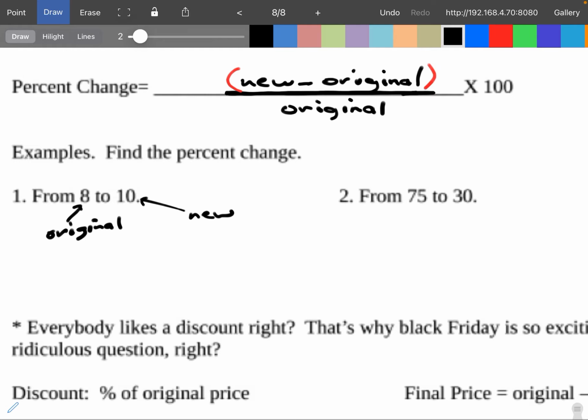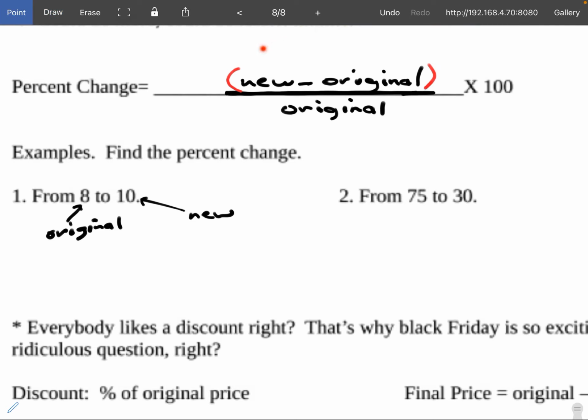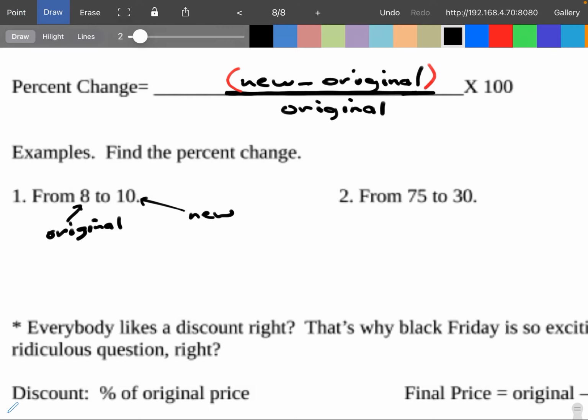So it's changing from 8 to 10. Kind of like if something was $8 and then the price increased to $10. So let's set up this little formula I gave you. We're going to go the new, which is 10, minus the original, which was 8, over the original, which was 8, and then times 100.